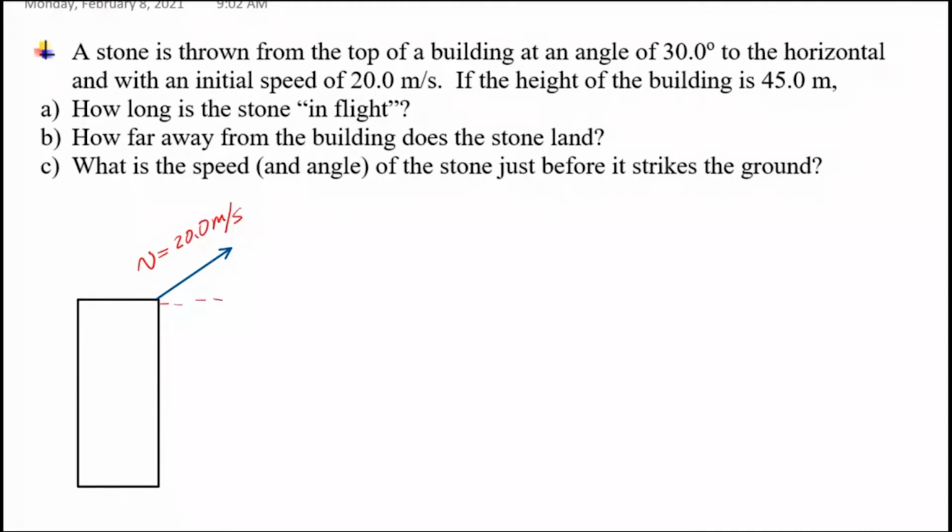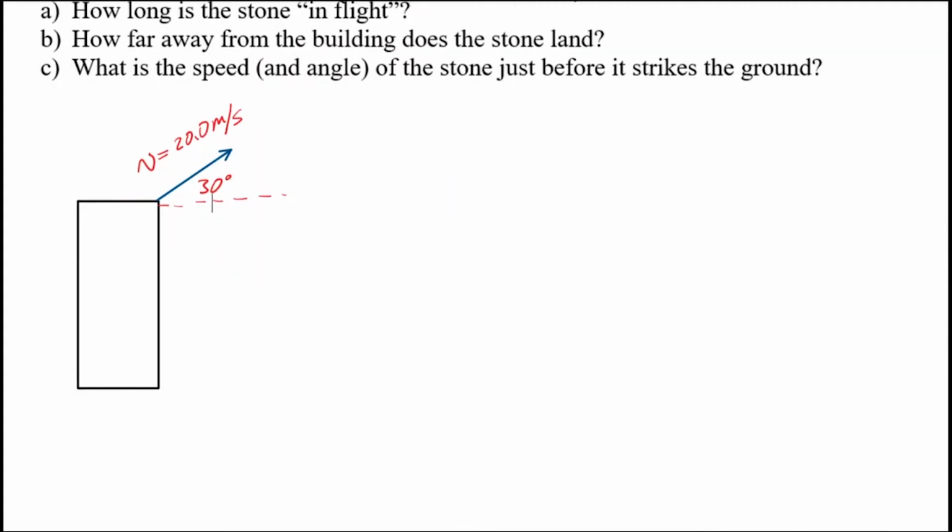And this angle right there is 30 degrees. So far with me? Okay, and then the height of the building is 45 meters. So let's throw the rest of the stuff in. So this is the ground.